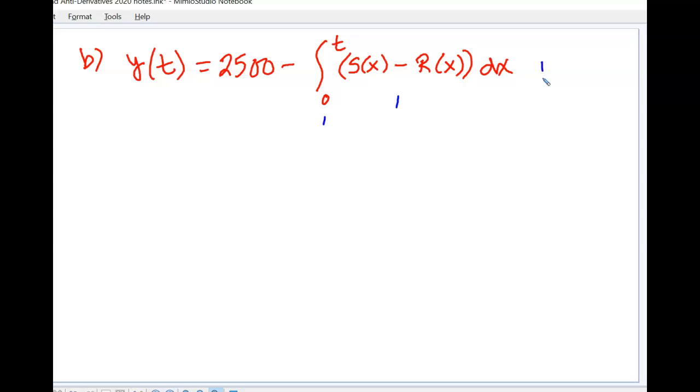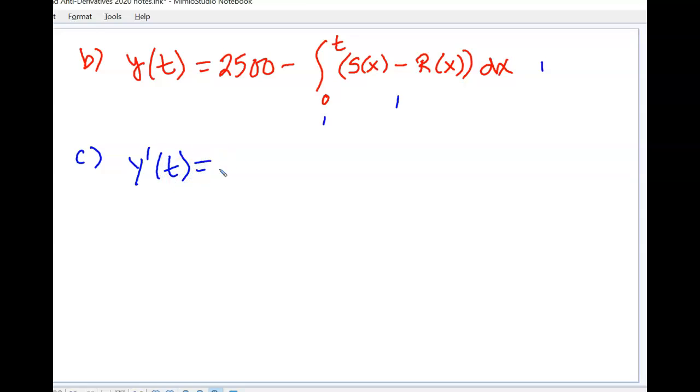Okay, question C, they're asking us to find the rate at which the total amount of sand on the beach is changing at t equals 4. Well, to figure that out, it's going to be y prime of t.